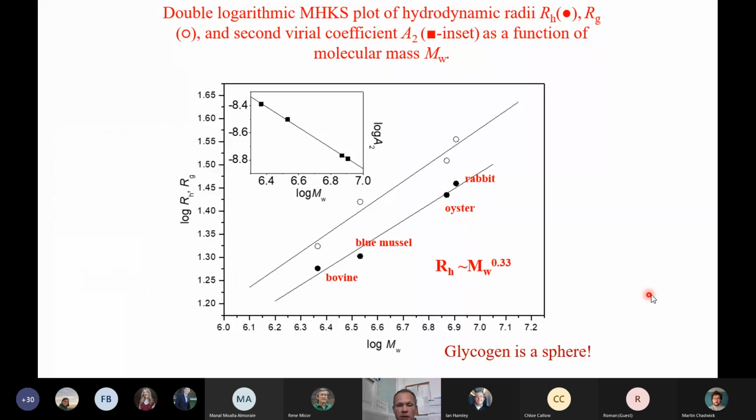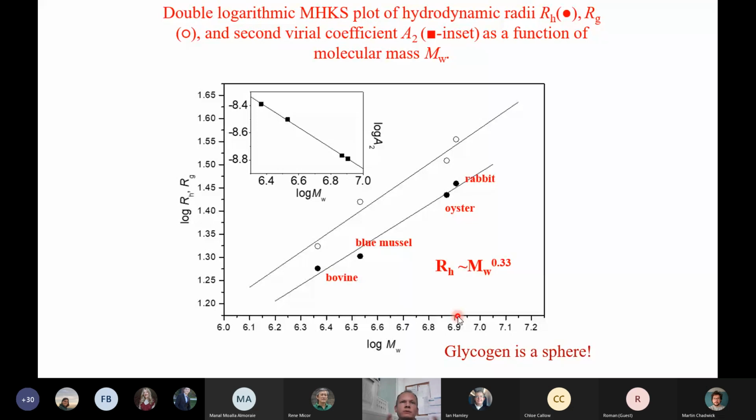So when we measured the hydrodynamic radius and plotted it as a function of molecular weight, that was known from literature, we received the dependence of the hydrodynamic radius as a function of molecular weight with the scaling exponent 0.33, that immediately tells us that glycogen is a sphere, right?